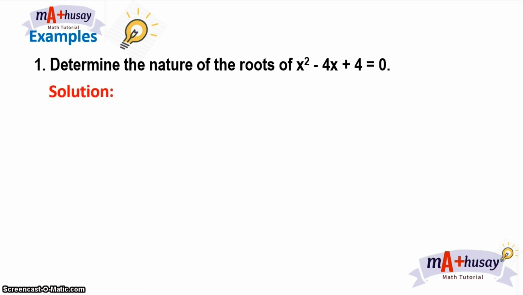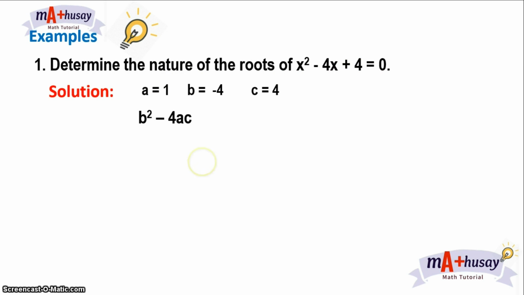We have to identify the values of a, b, and c. And in this case, we know that a is 1, b is negative 4, and c is positive 4. Now we will substitute these values into the discriminant, which is b squared minus 4ac.